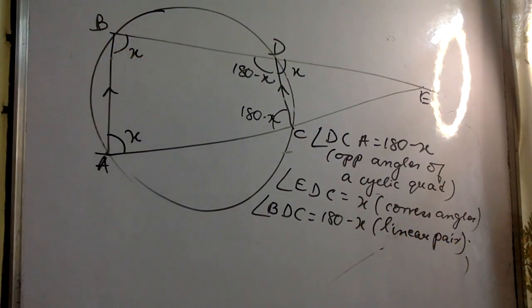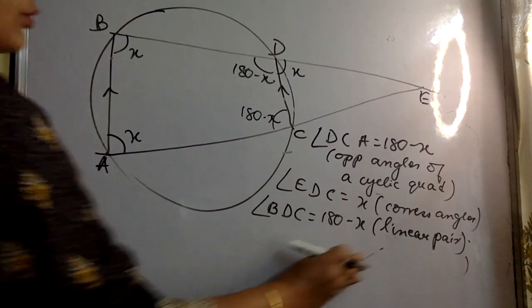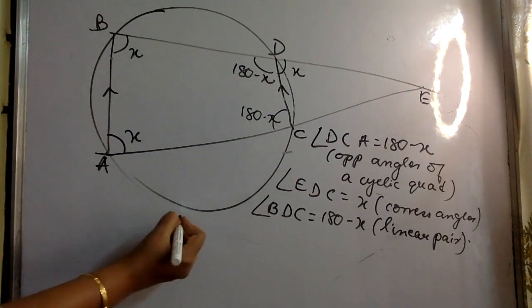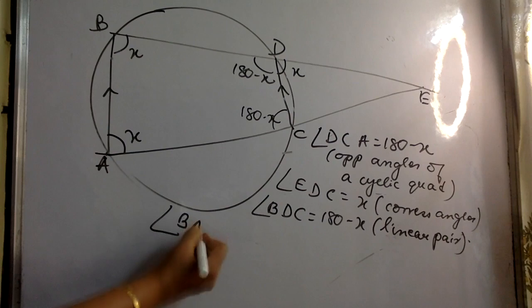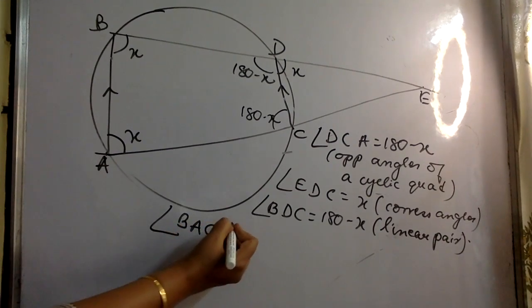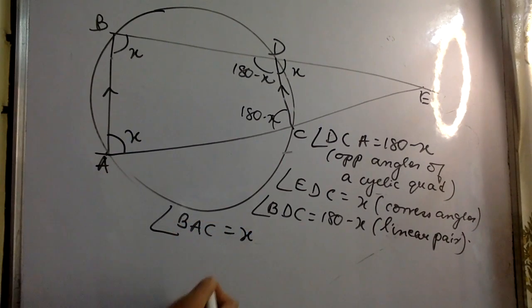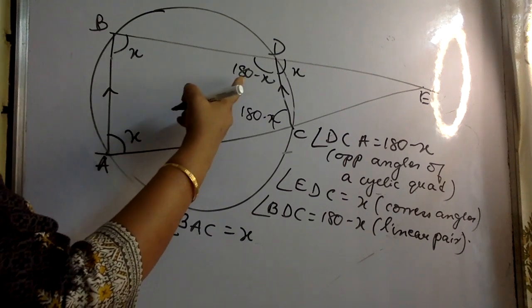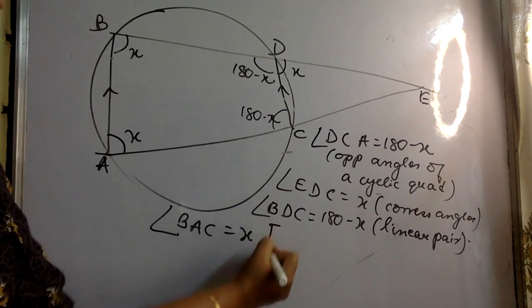Okay. So, this is a linear pair. Now, you can say, therefore, angle BAC is x. Why? Because, you can write it in brackets here.